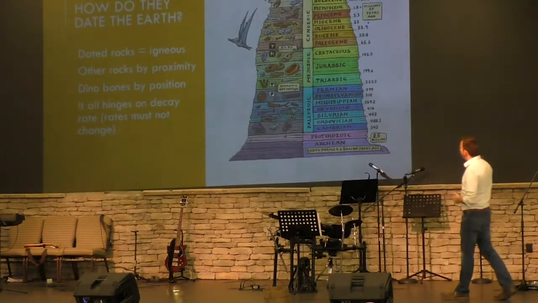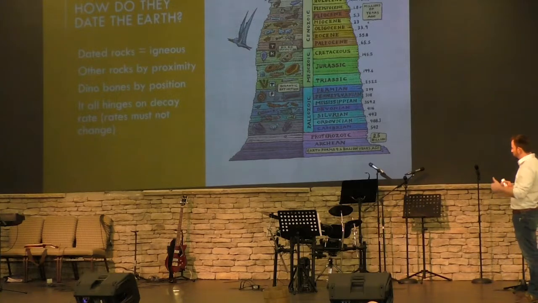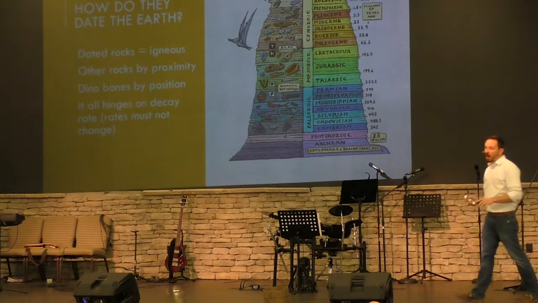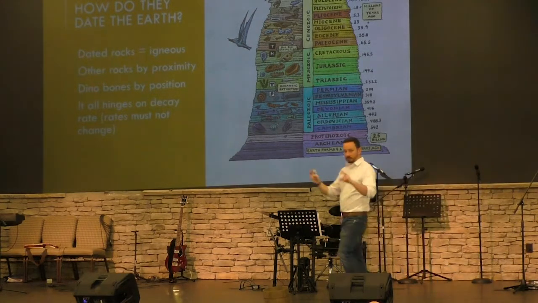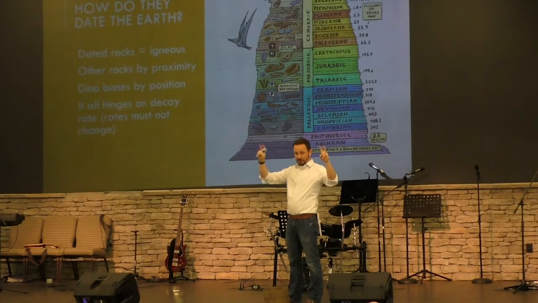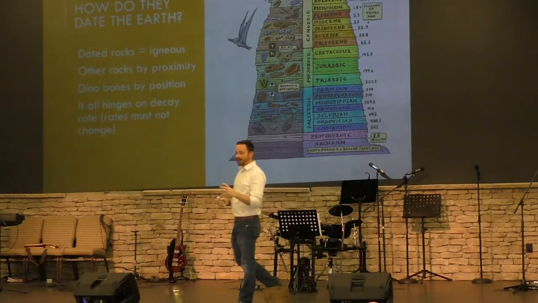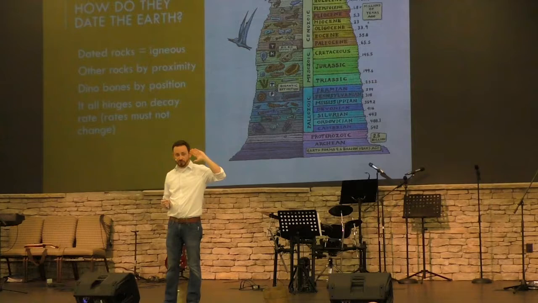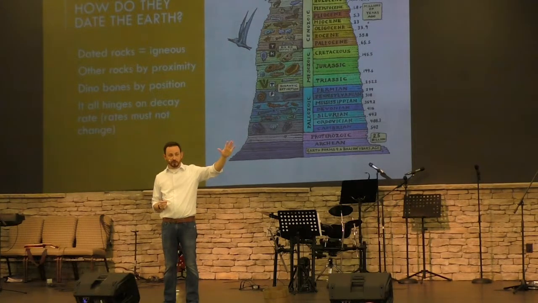Let's look. How do we know that the Earth is really old anyway? So this is the geologic column. You'll find this in your book on page 39. The only rocks that can be dated, I put in big air quotes, are igneous rocks. And if you remember geology class, igneous rocks are formed by cooling lava.